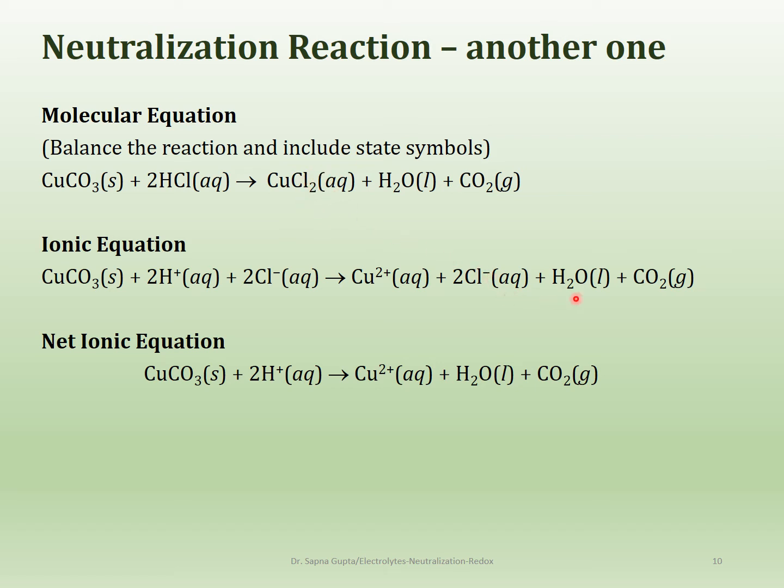The water and the carbon dioxide stay as they are because they're not aqueous. And so the net ionic equation is that of copper(II) carbonate plus the hydrogen ions to give the copper(II) ions, water and carbon dioxide.